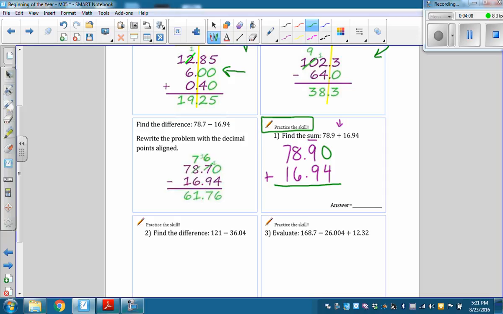So 0 and 4 make 4. 9 and 9 make 18. I'll carry the 1. Bring the decimal down. 8 and 1 make 9. Plus 6 is 15. Carry the 1. 7 plus 1 makes 9. And we could pick up a calculator at this point and check our work.